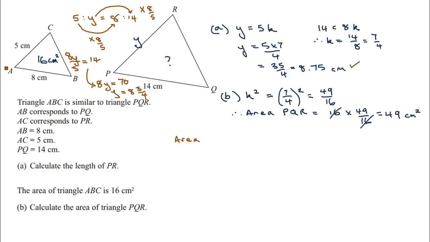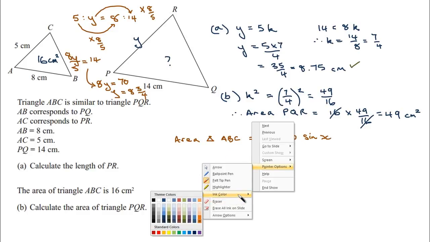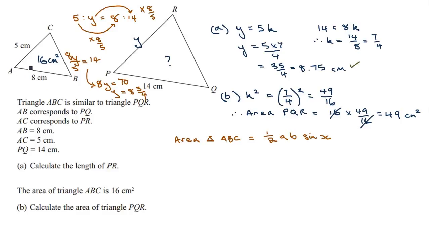So area of triangle ABC is, and the formula for the area of a triangle is half times A times B times the sine of X. Well, X is going to be the angle between these two sides. So this is X, and that's going to correspond to this angle here. So just as the sides correspond, if the triangles are mathematically similar, so must the angles.